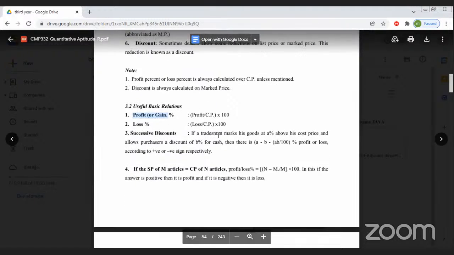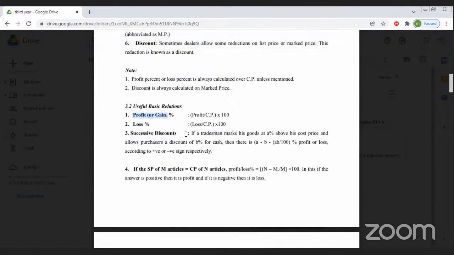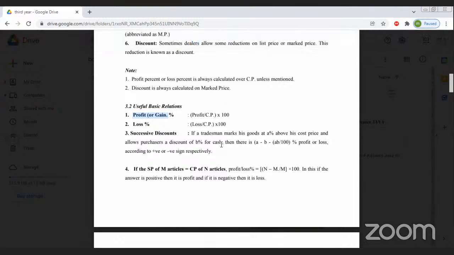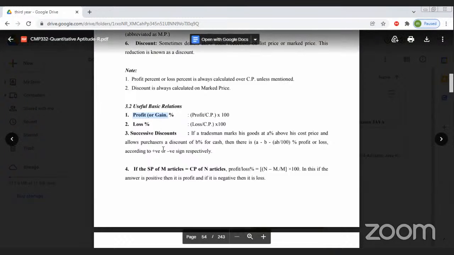Successive discount: a tradesperson marks his goods at A% above his cost price and allows purchasers a discount of B% for cash. Then the profit or loss is (A minus B minus AB/100)%.